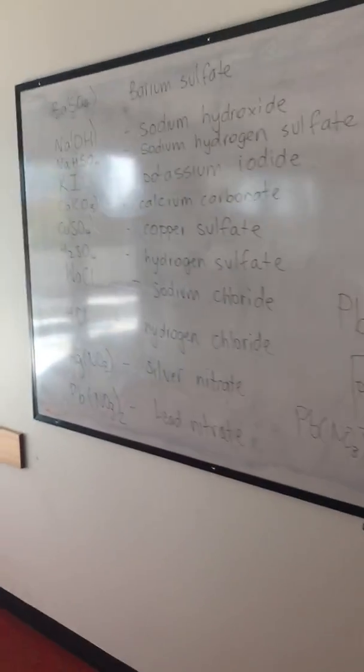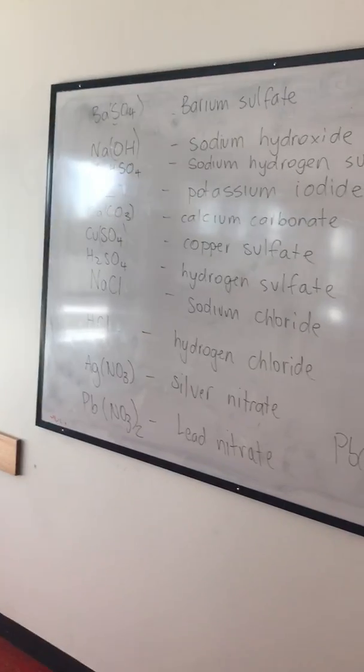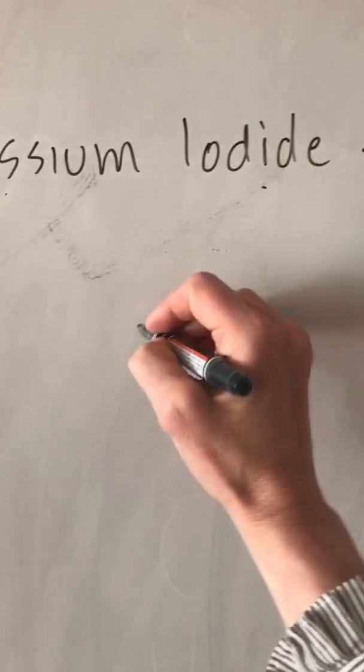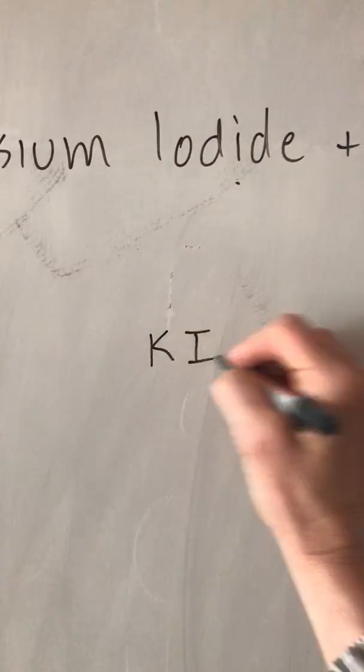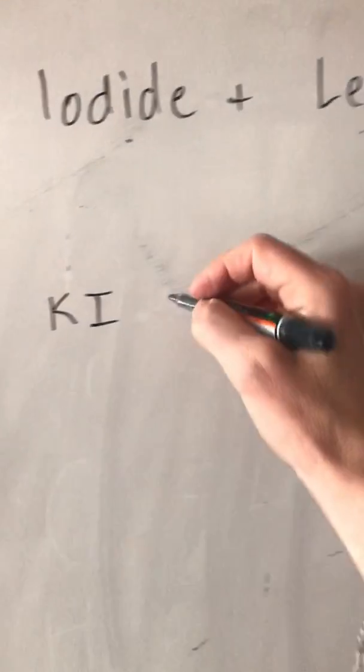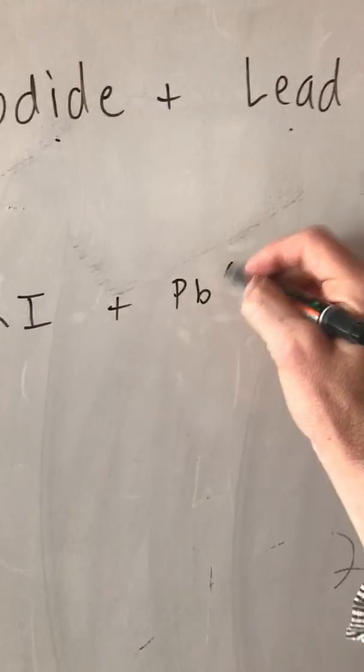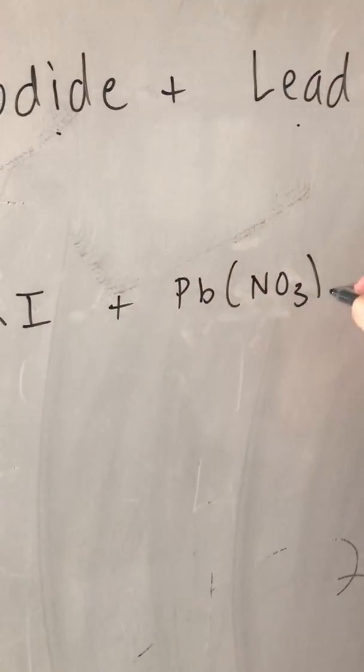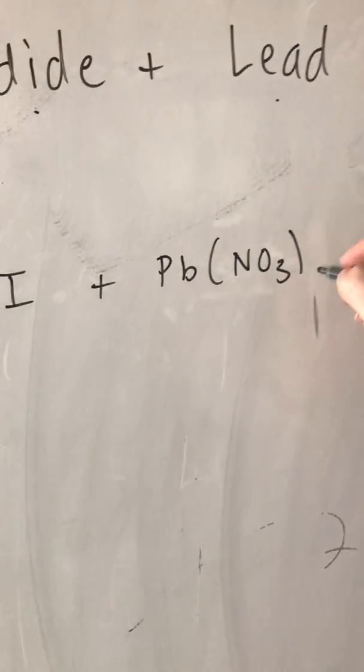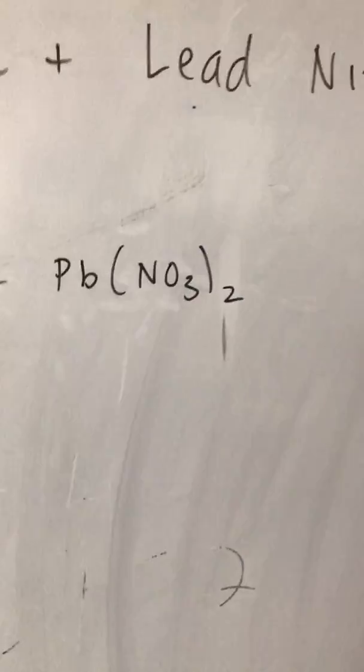Then I can use the formulas that I have over here next to my table for the solutions that I used. So potassium iodide plus lead nitrate, that's a 2, makes, now this is where you don't know the formulas.